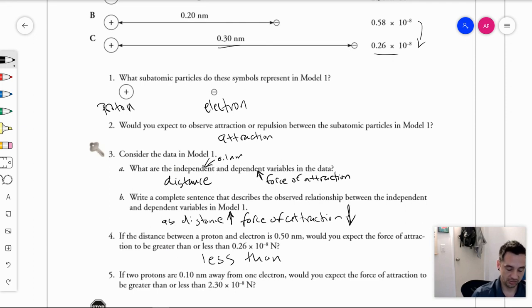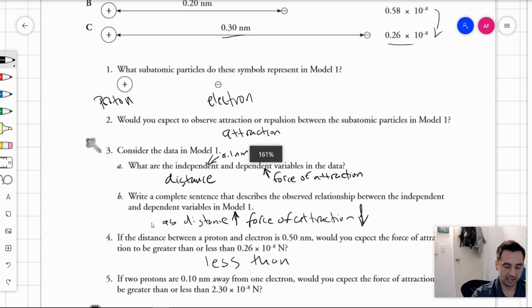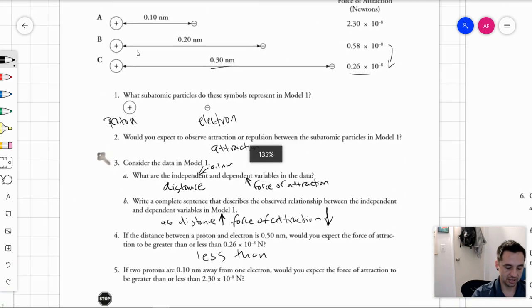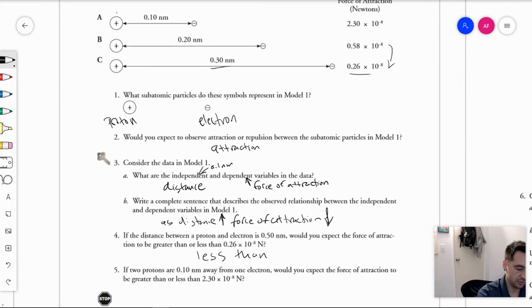If two protons, so if we added two protons, are 0.1 nanometers away from one electron, would you expect the force of attraction to be greater than or less than 2.3 nanometers? So we look back at the first one here. Right now, there's one proton, and the force is this. You're not actually expected to really know this. This is a guess.